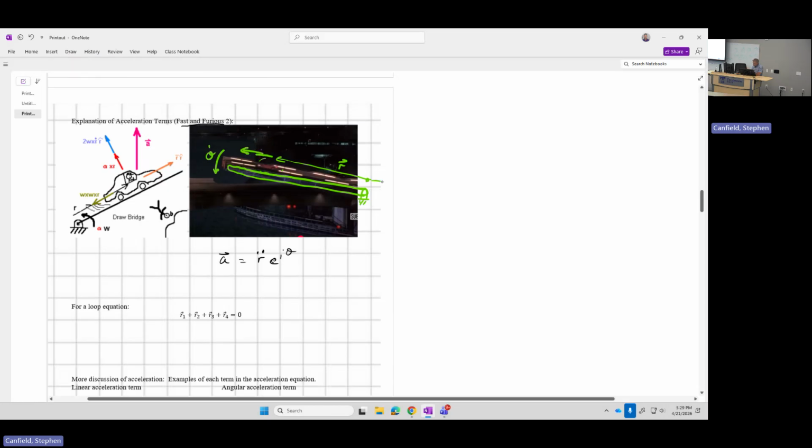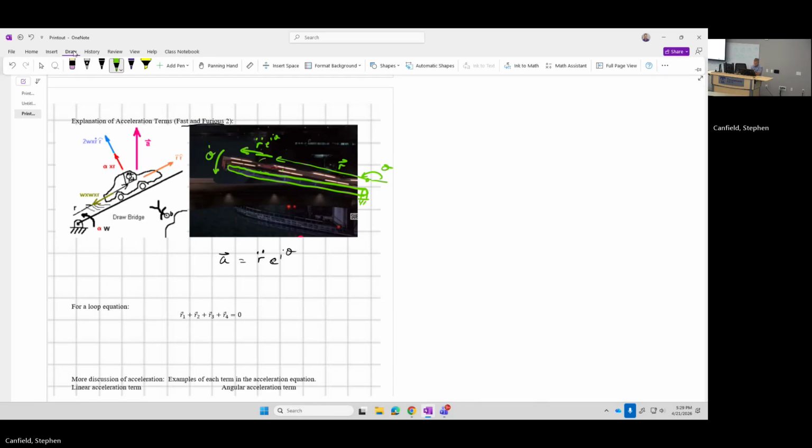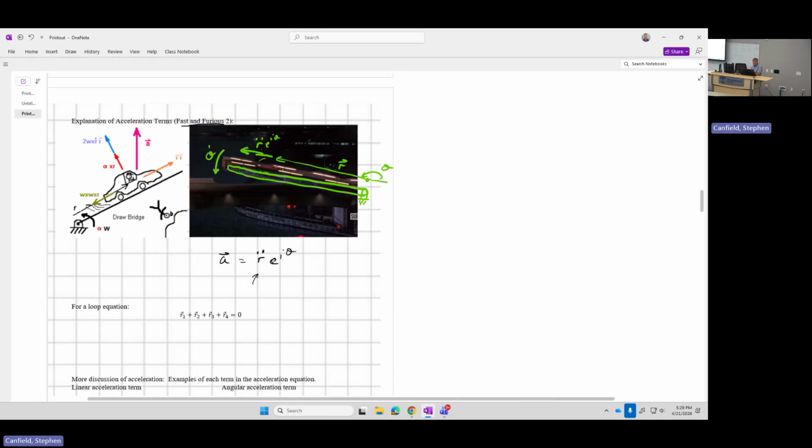This is my r double dot e to the i theta. If I'm looking at the speedometer, it's the rate of change, the moving of the speedometer. If it's fixed, that thing is 0. If the speedometer is going up, I'm increasing and that value is positive. If the speedometer is going down, I'm decreasing.